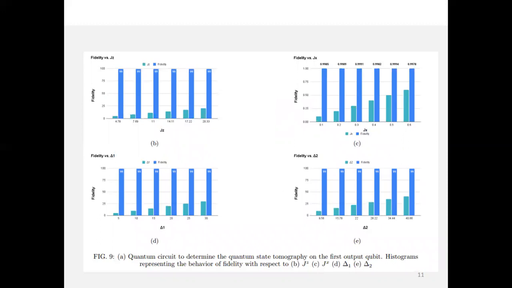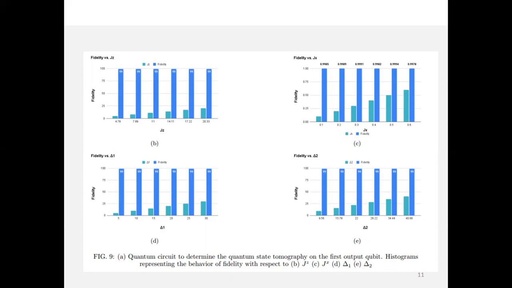These histograms represent the behavior of fidelity. We were also interested in exploring the behavior of fidelity with respect to different parameters involved in the Hamiltonian, like JZ, JX, delta 1, delta 2. So these four histograms simply represent the behavior of fidelity. In the first diagram, we see the fidelity is almost 0.99 by changing the value of JZ, 4.78, 7.89, and in every case we have 0.98 or 0.99 fidelity.